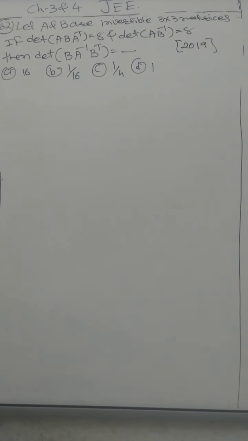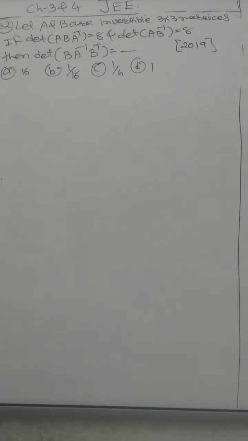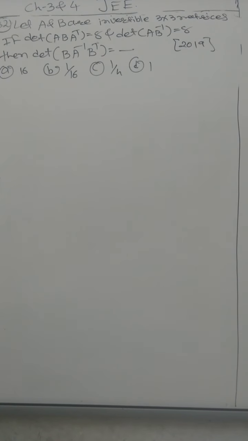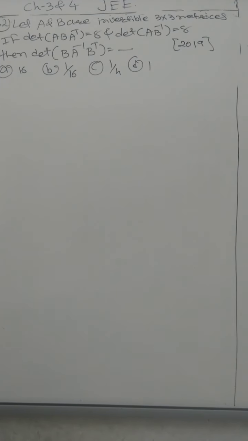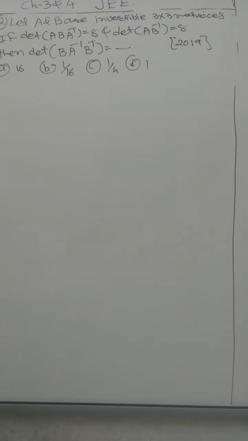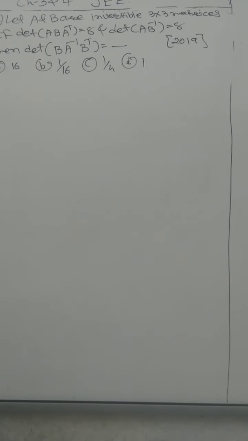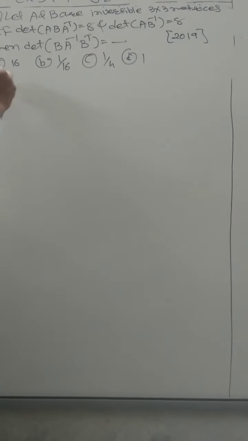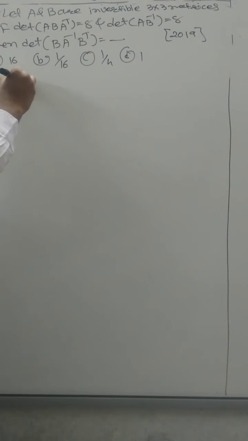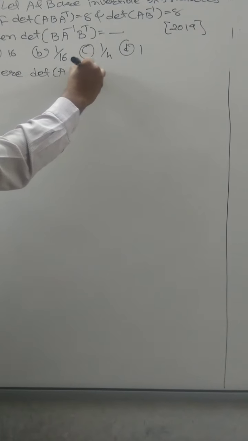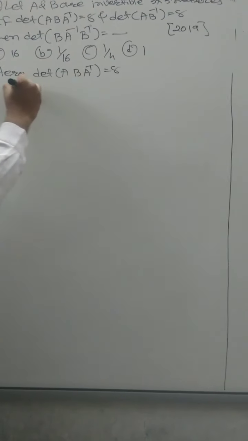Okay, next, 82. Let A and B be invertible 3 by 3 matrices, and if determinant of AB Aᵀ is equal to 8 and determinant of AB⁻¹ equals 8, then what is the value of determinant of BA⁻¹Bᵀ? So first of all, determinant of AB Aᵀ is equal to 8.